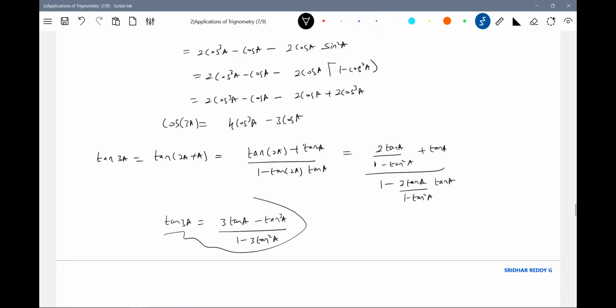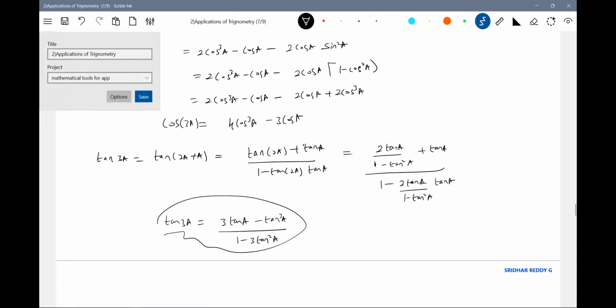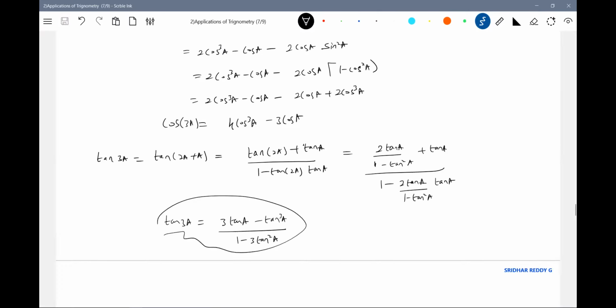These are some derivations. Just have an idea, it's not something very important. Basic trigonometry is something very fundamental for us, which we should know.